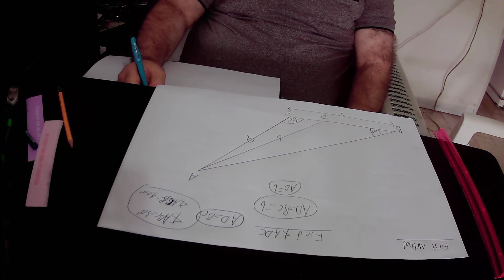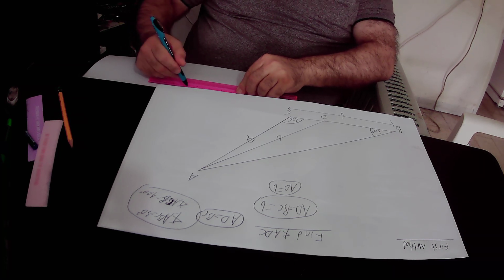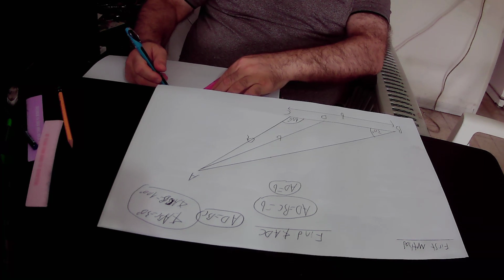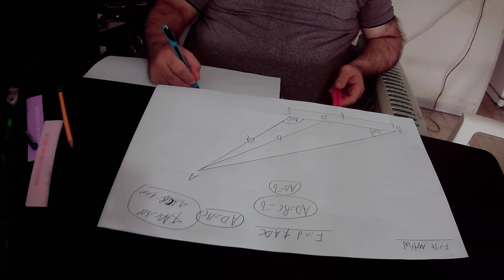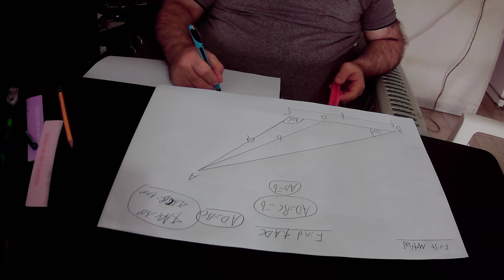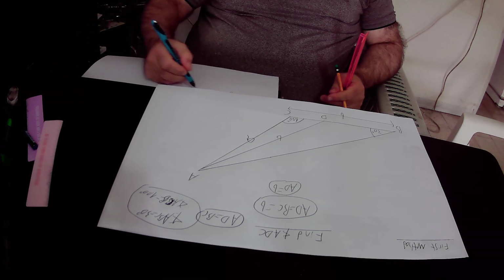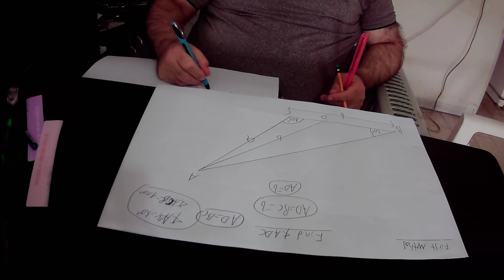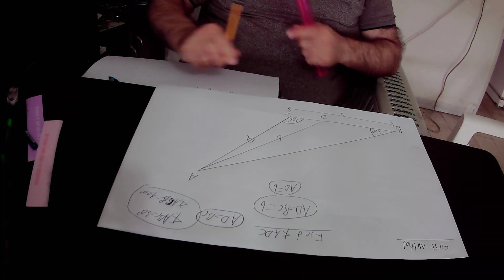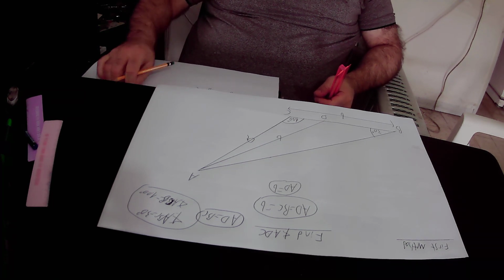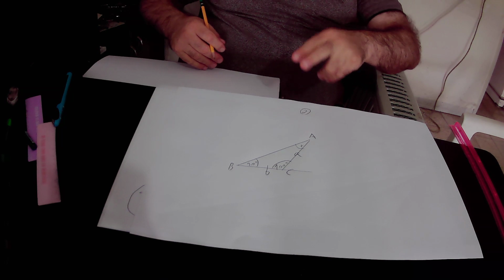So this is triangle ABC that I copied from the original drawing.